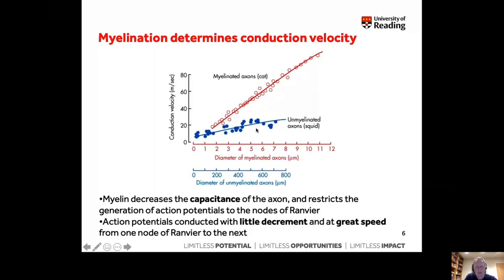Despite that, the fact that it's unmyelinated, doesn't have myelin, means that the conduction velocity can never get as high as that in a higher animal like a cat, like you and I. And so essentially the take-home message is that higher mammals can communicate much more effectively, much quicker, if you like, than lower life forms, things like a squid.